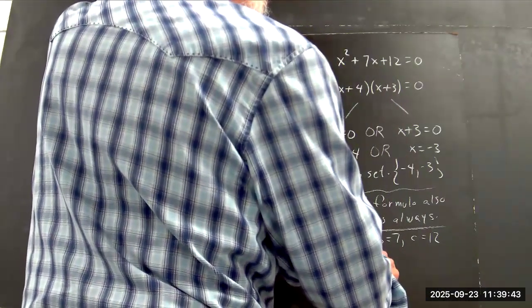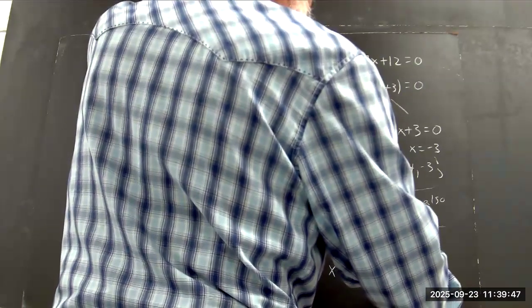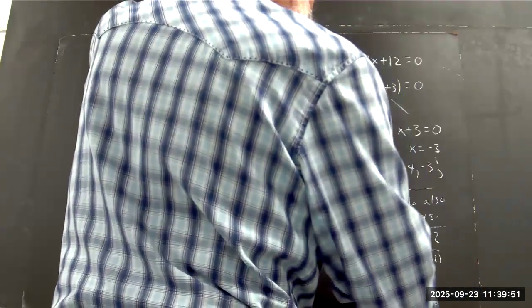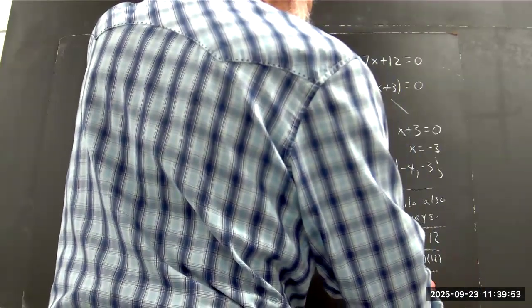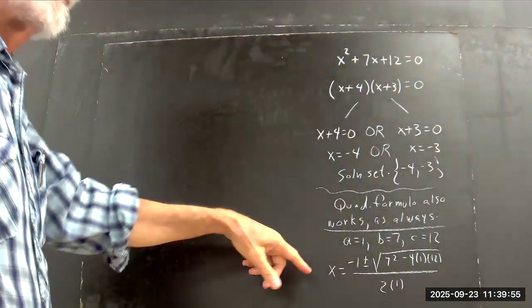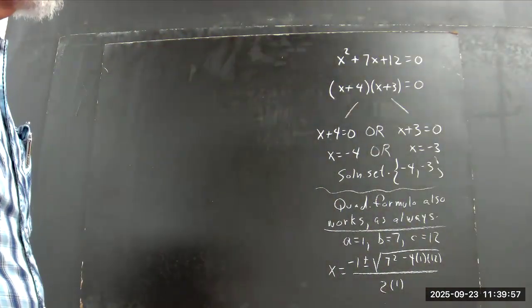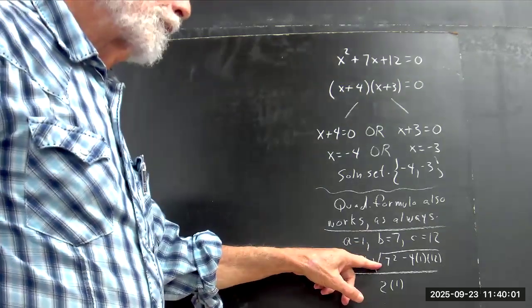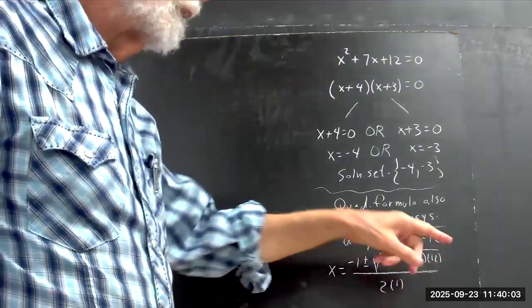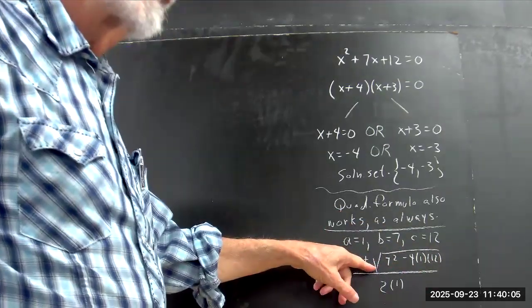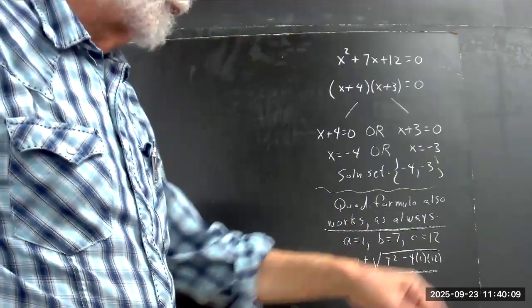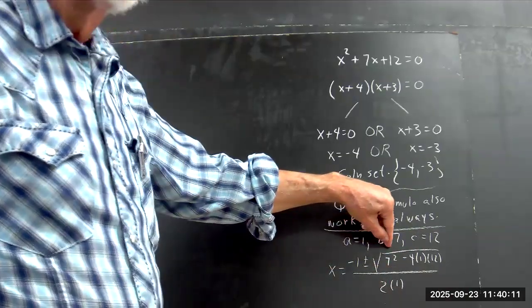So x is -1 plus or minus the square root of 7 squared minus 4 times 1 times 12, all that over 2 times 1. If you simplify that, 7 squared is 49. 4 times 12 is 48. So you get 49 minus 48. This gives you 1.